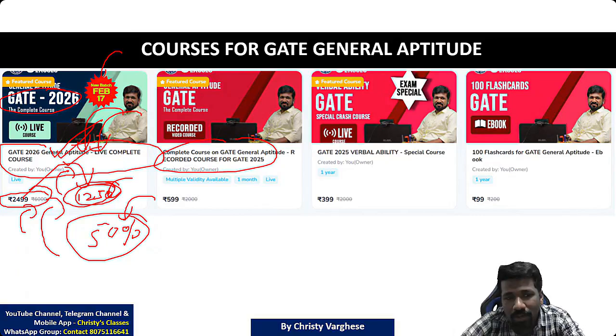GATE General Aptitude and CSIR General Aptitude: some topics are the same, some topics are different. For example, verbal aptitude GATE में extra है, CSIR में verbal aptitude नहीं है. And functions, algebra related few topics GATE exam में extra है. CSIR में general science extra है. So there are differences. Some topics are similar also.